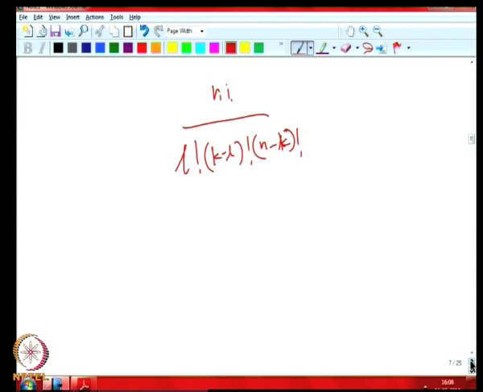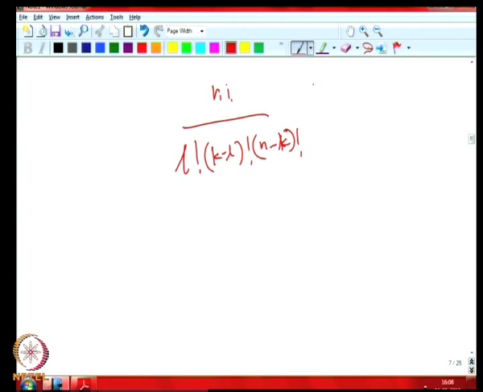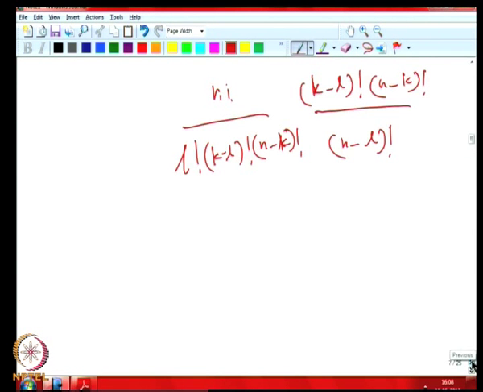Below we have n minus k minus L factorial into n minus k factorial divided by n minus L factorial. Now we can cut this off.